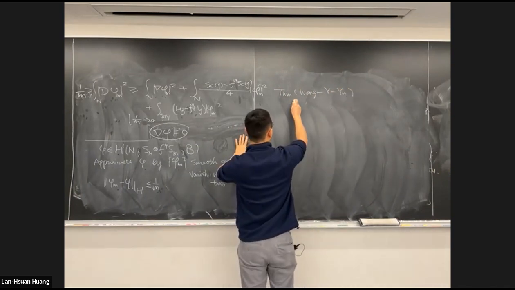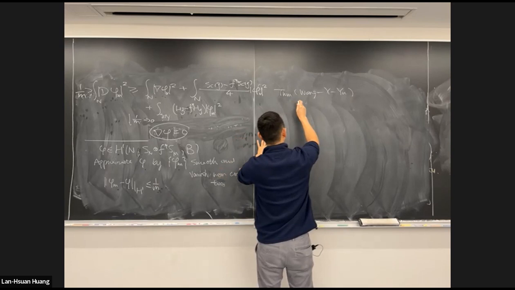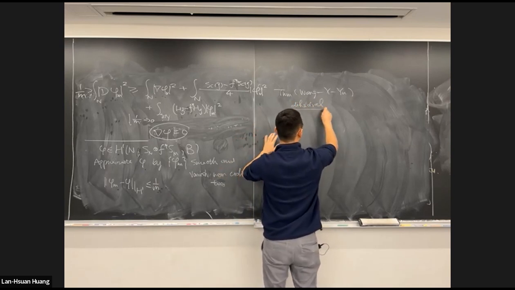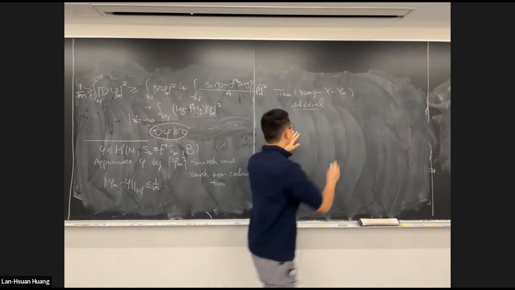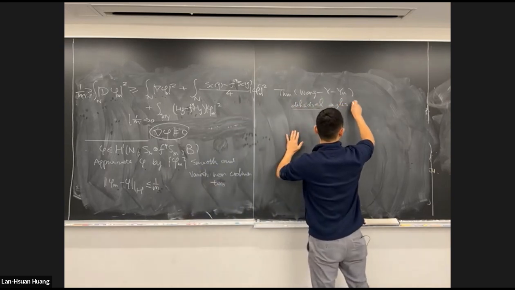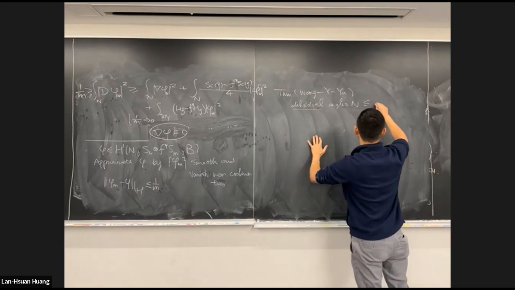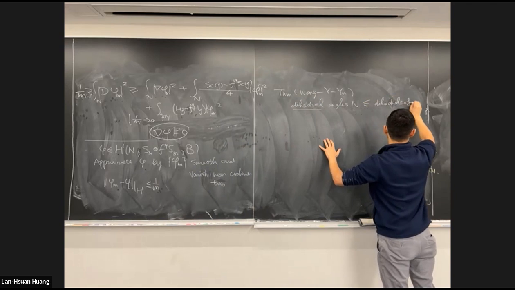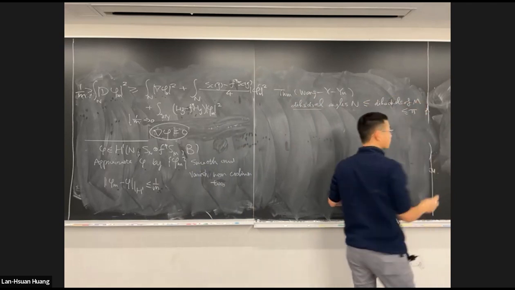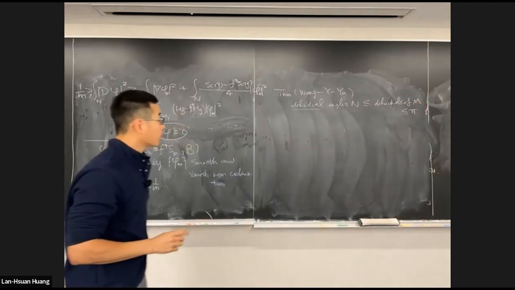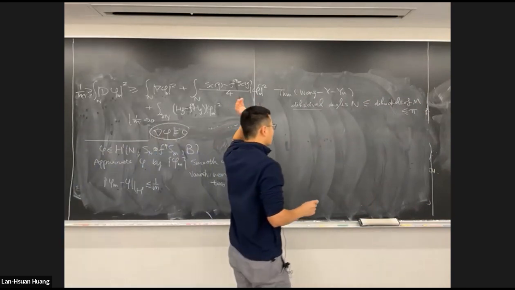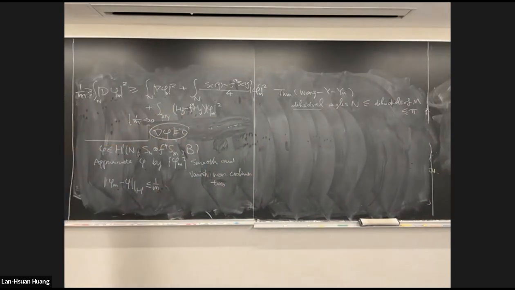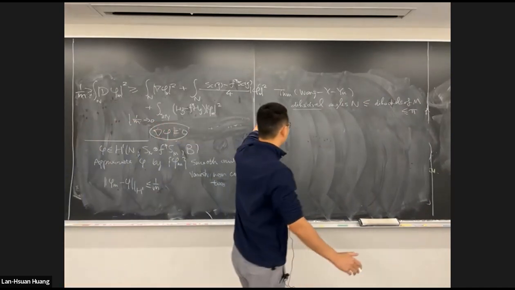So with these, let me just repeat again. The key important thing to compute the index is the dihedral angles. So if n is less than the corresponding dihedral angles of m, which is assumed to be less than or equal to pi. That's the assumption. The other conditions, for this index calculation, actually turn out to be not so important. So let me just state the really key condition here.